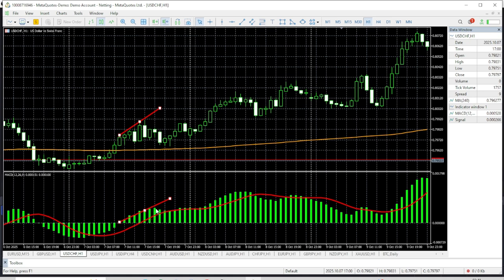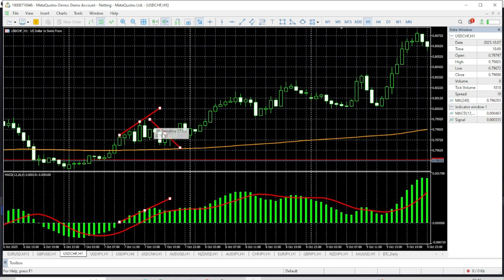So at this point, the MACD histogram reduces until we have one that is below the MACD signal line. So that is the pullback.